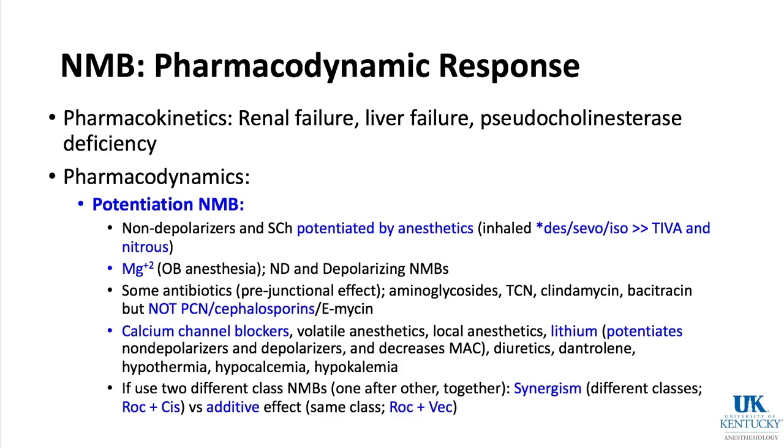Well, if you combine two different classes, like the steroid rocuronium with the quaternary molecule cisatracurium, which is a different molecular structure, benzylisoquinoline is the name for it, a very big, bulky, ionized molecule, with the rocuronium steroid, you can get a synergistic effect.